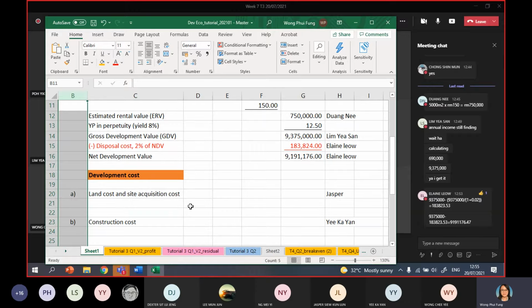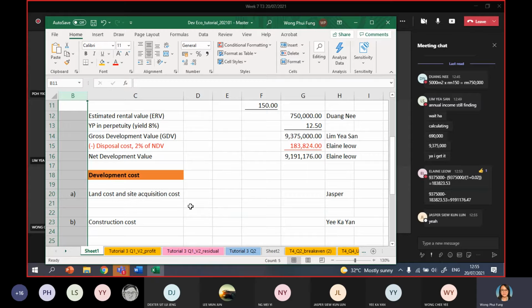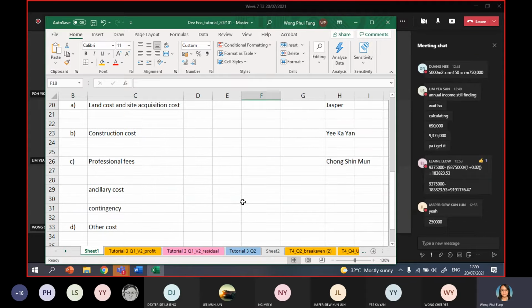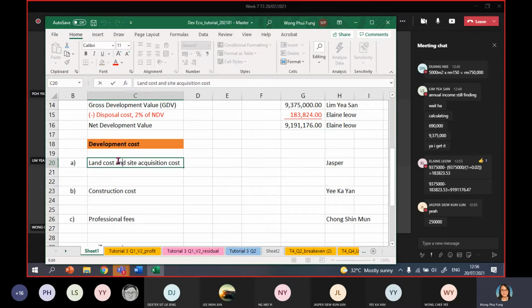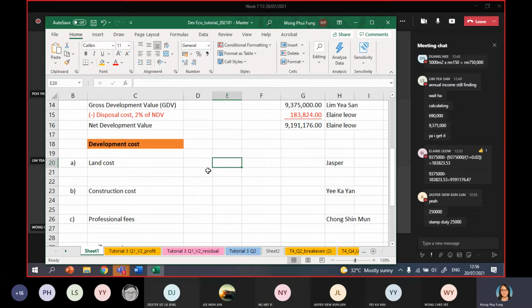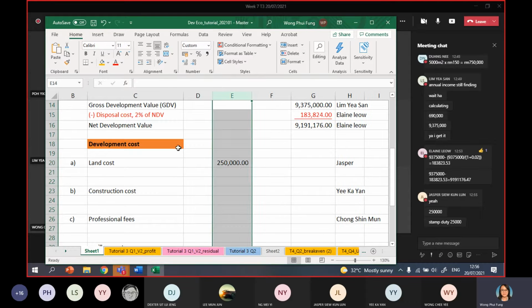Jasper, calculate for me the land cost. Faster, Jasper, this one has no link with the NDV. You should be able to get it very fast. Okay, that is the land cost. How about the site acquisition fee? Jasper says land cost is, yes, good. Break down one by one for you.